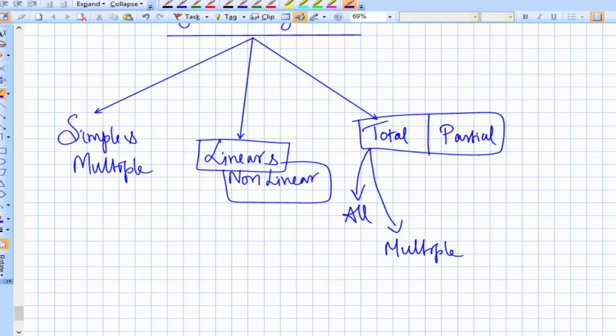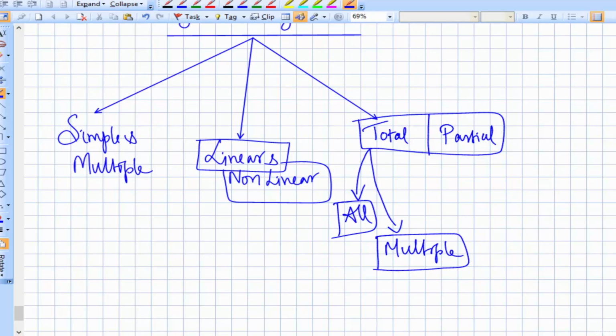It means most of the phenomena are affected by a multiplicity of causes. So that is the reason this takes the form of multiple relationship and all the variables are considered. So that's the case of a total regression.